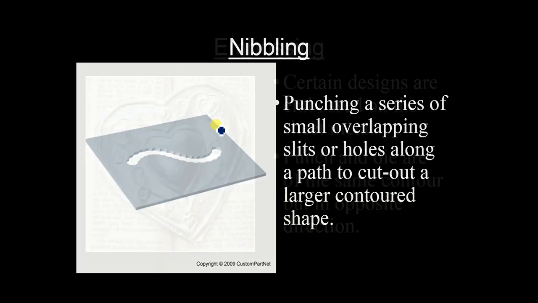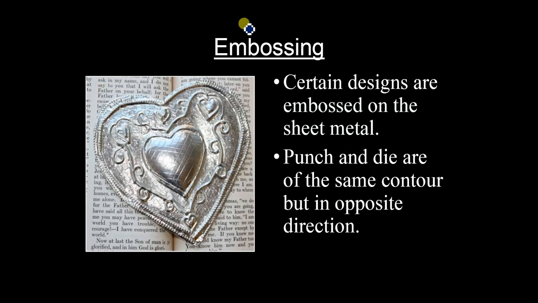I'll just go to the next slide. The next operation is called embossing. You must have seen plenty of novelty items which are basically embossed. You might realize something by looking at this image. Maybe you are aware of something at your home which is an embossed product.